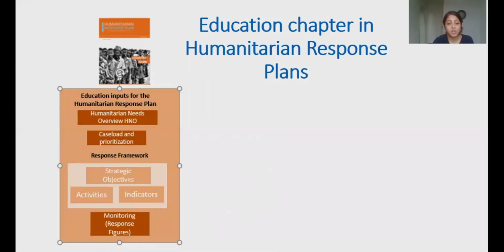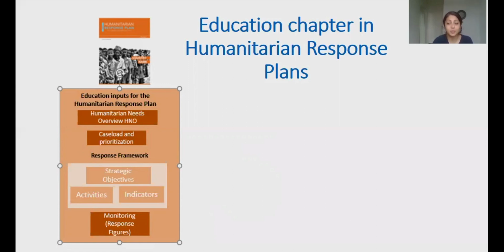And this information would also feed into the humanitarian needs overview. The education chapter would also articulate the caseload. So essentially the number of people, number of children and youth and teachers in need of education assistance.